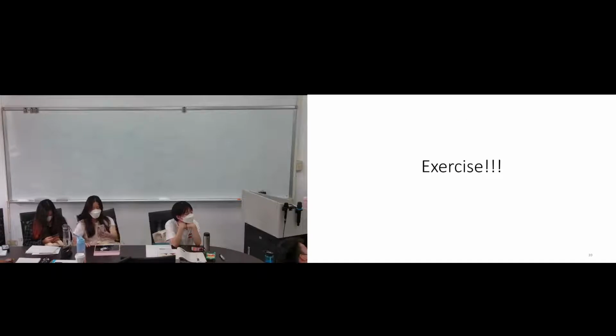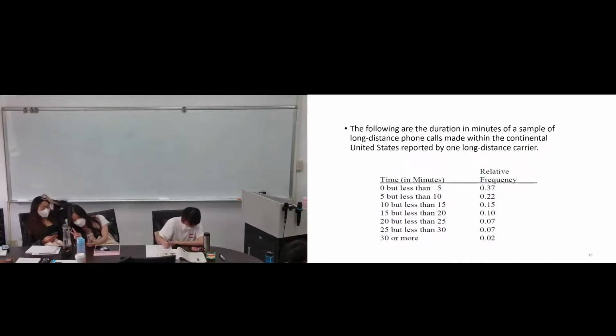Now let's see the second question of today's exercise. The following are the durations in minutes of a sample of long-distance phone calls made within the continental United States reported by one long-distance carrier.